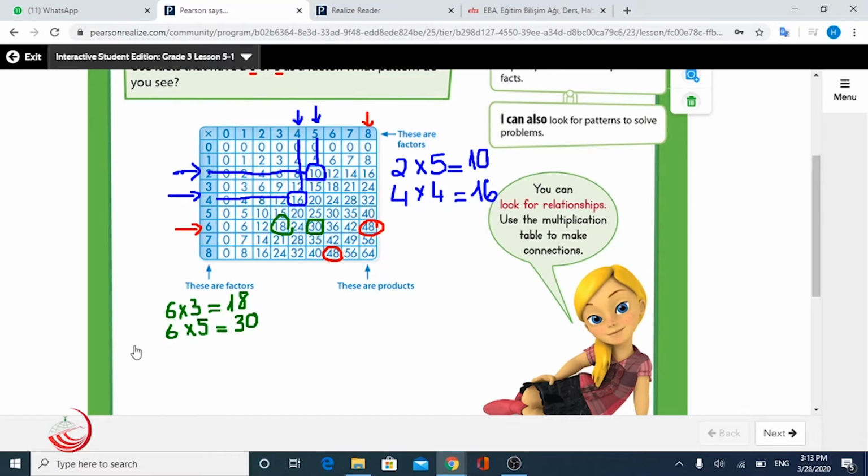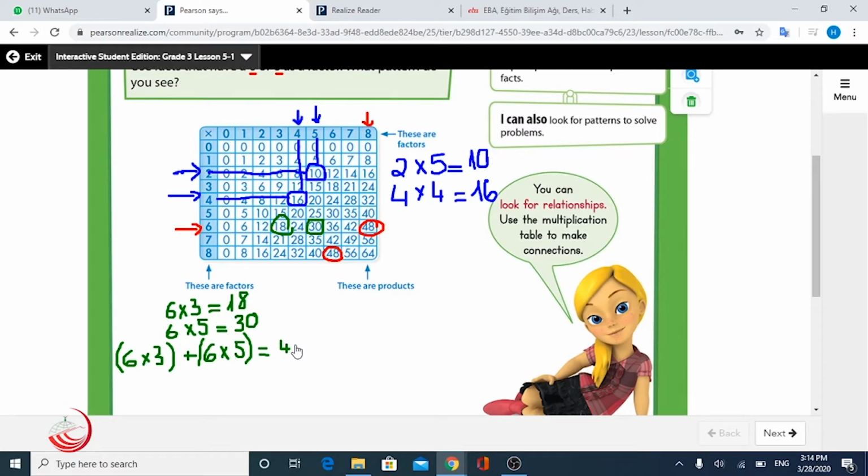So I can write it in a different way, as we used to write it: 6 times 3 plus 6 times 5, then we get 48.